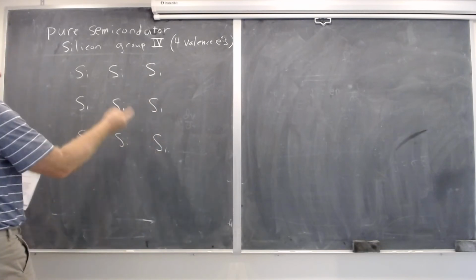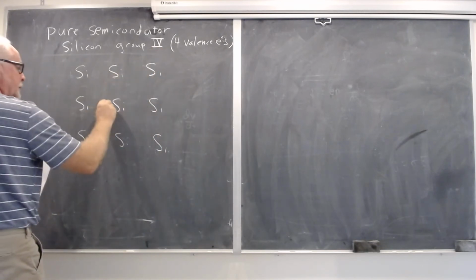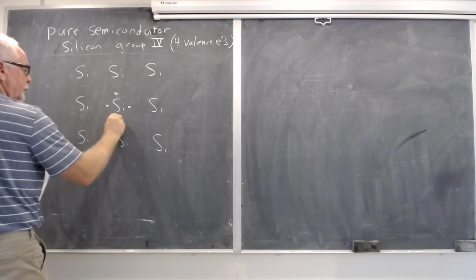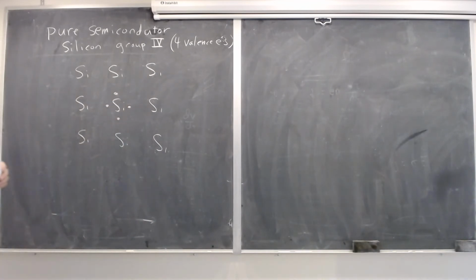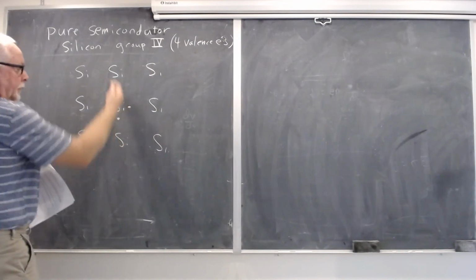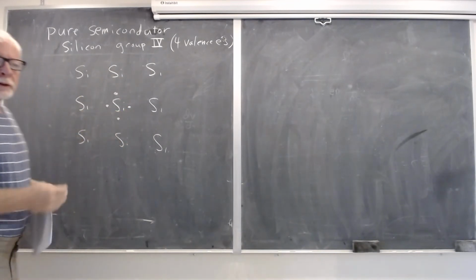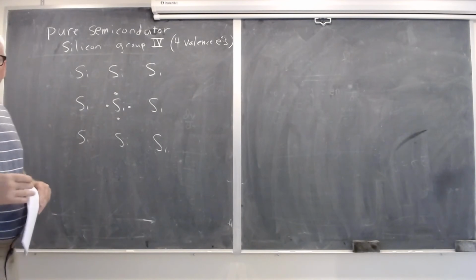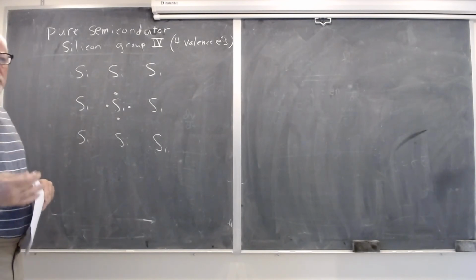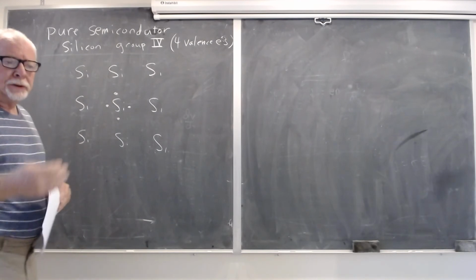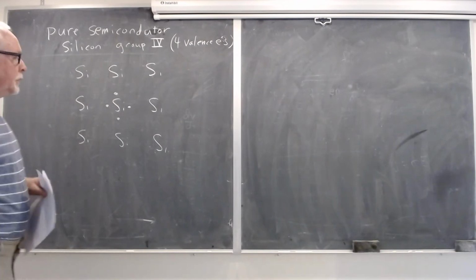And so each silicon atom has 4 valence electrons. 1, 2, 3, 4. And so if it's bonded to 4 other silicon atoms, and now of course in the textbook we will cover that things are bonded in 3-dimensional structures, such as silicon.